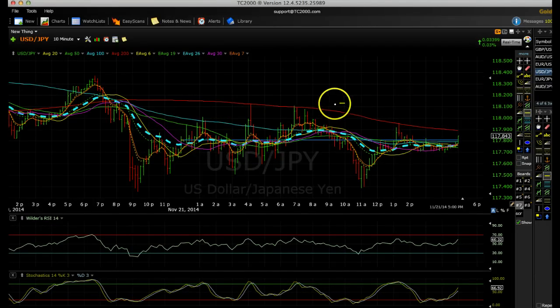My resistance and support levels come from previous price action. I do not use the Fibonacci's. In my personal experience, I don't use them because I draw my own levels, and when I match them up to the Fibonacci's, it matches up almost perfectly.